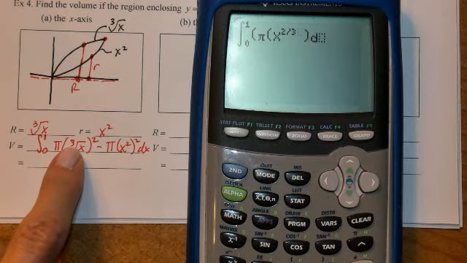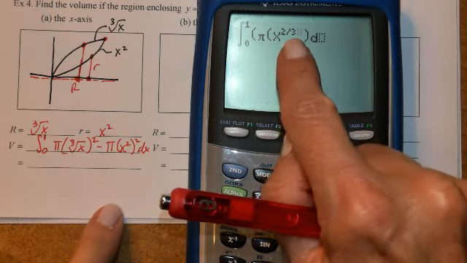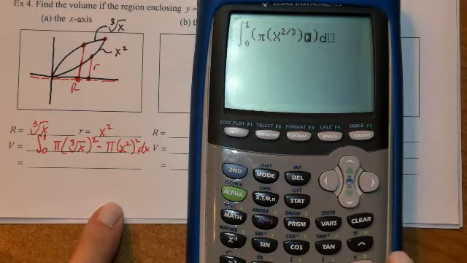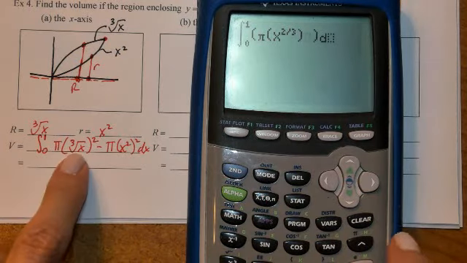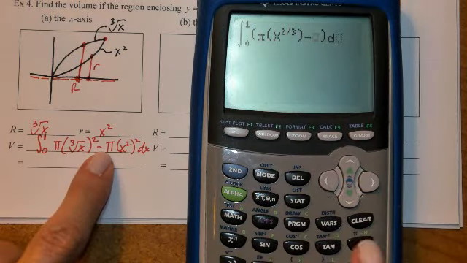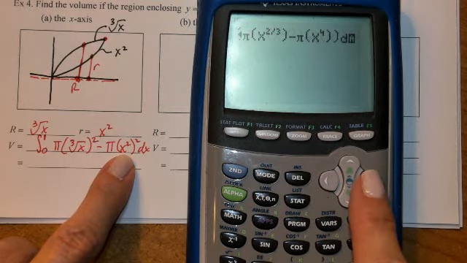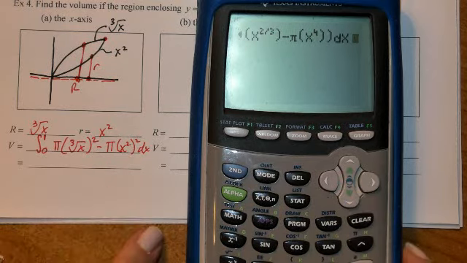Remember the root is the denominator of your exponent. So that's the big R squared minus pi times x squared squared, which is x to the 4th, dx.